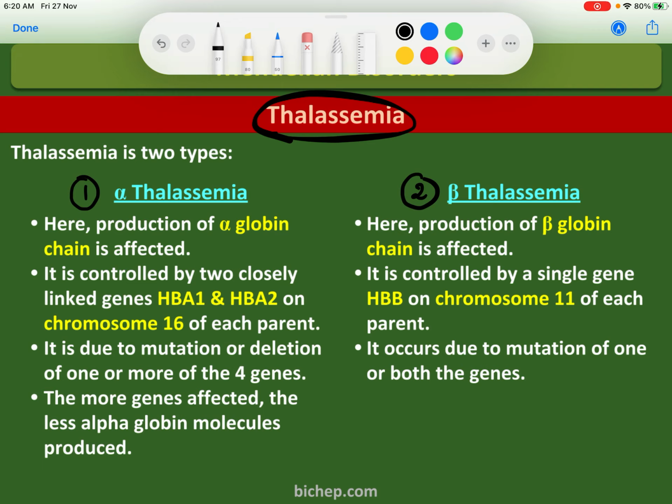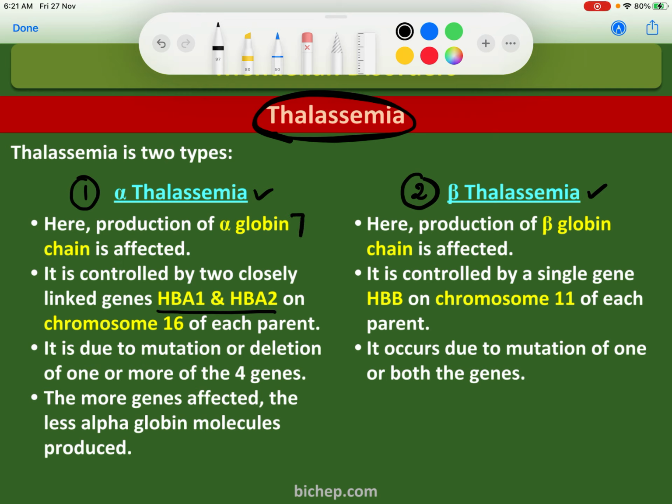Number two, beta thalassemia. If the thalassemic gene is related to the production of the alpha globin chain, which is coded by the HbA1 and HbA2 genes, then it is alpha thalassemia, and if production of beta globin is reduced, then it is called beta thalassemia.